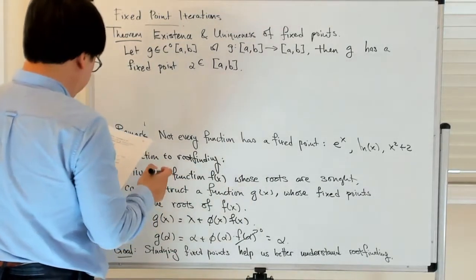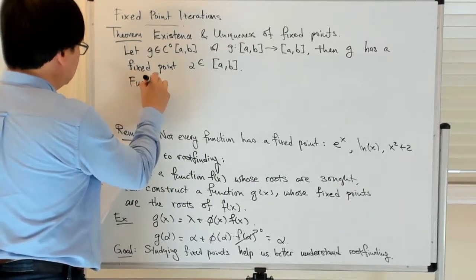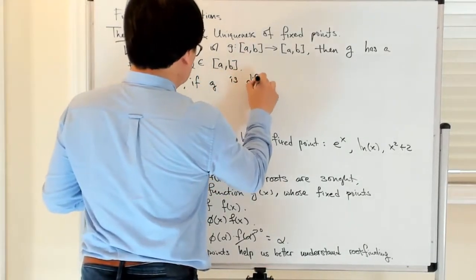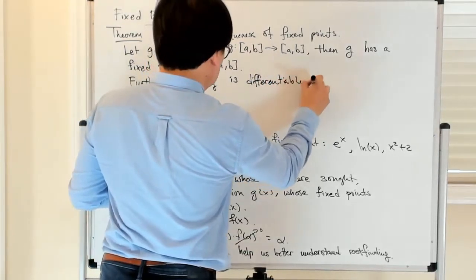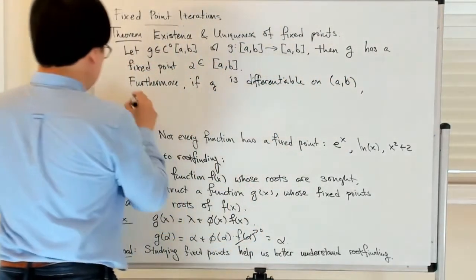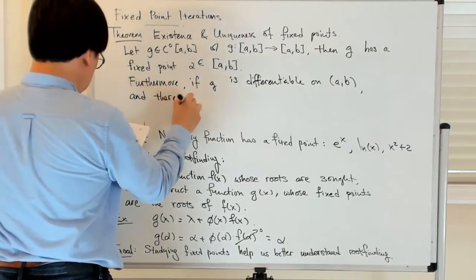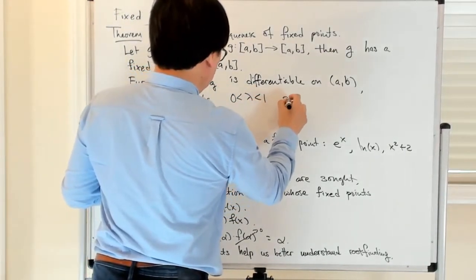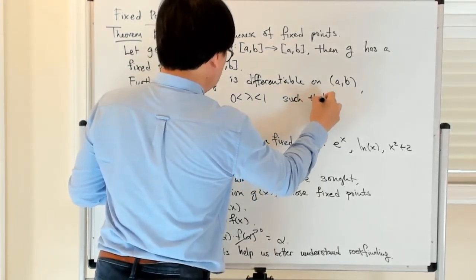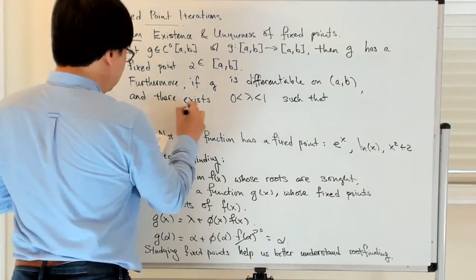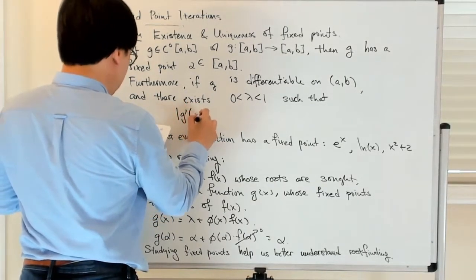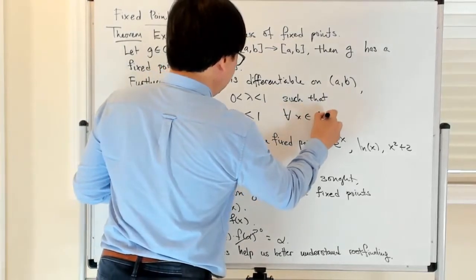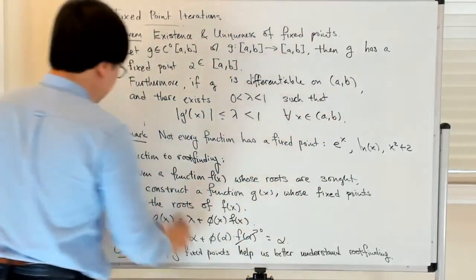Okay, anyhow, so furthermore, if g is differentiable on the interval from a to b, and there exists some lambda between 0 and 1 such that the absolute value of the derivative of g at x is bounded from above by lambda less than 1 for all x in the interval from a to b, then the fixed point is unique as well.